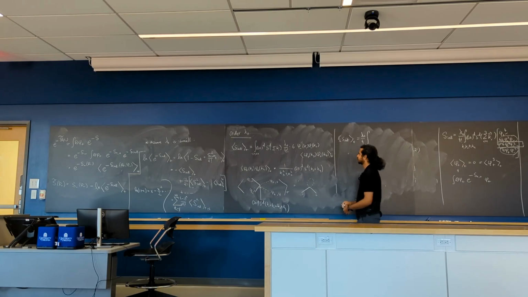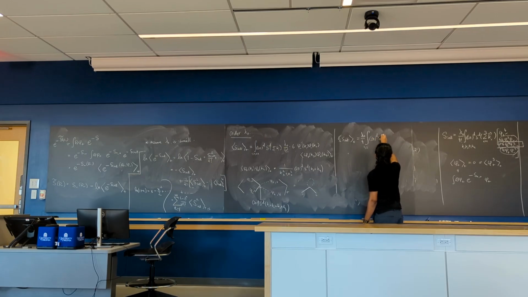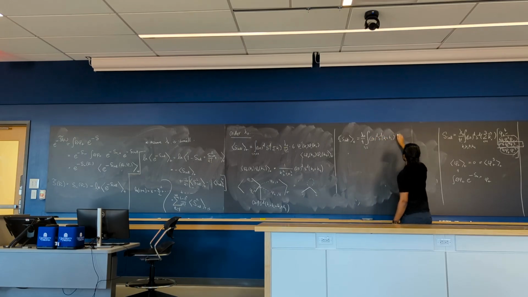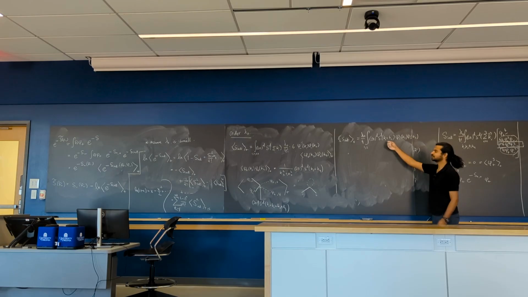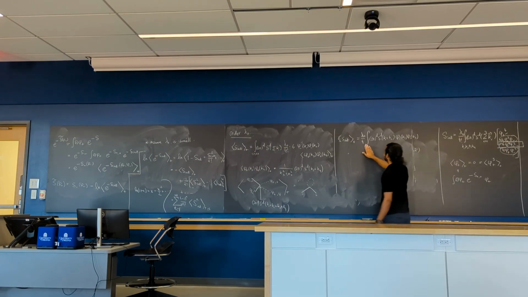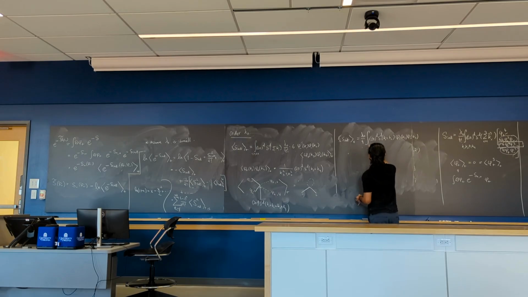So we are left with k1 k2 integral, 2 pi to the d delta d of k1 plus k2, phi minus k1 phi minus k2. Well, I can do this integral too, and just write it as a single k integral.